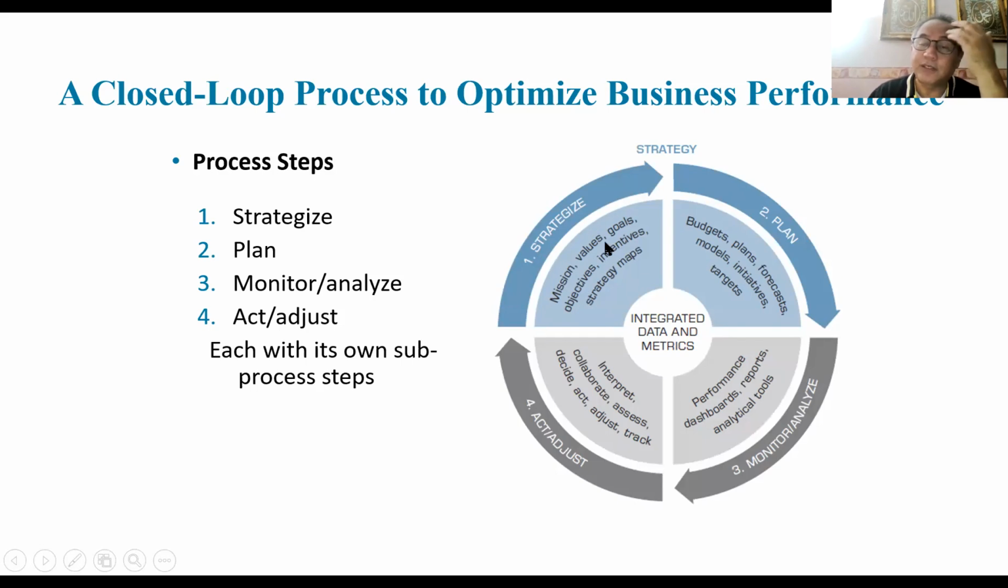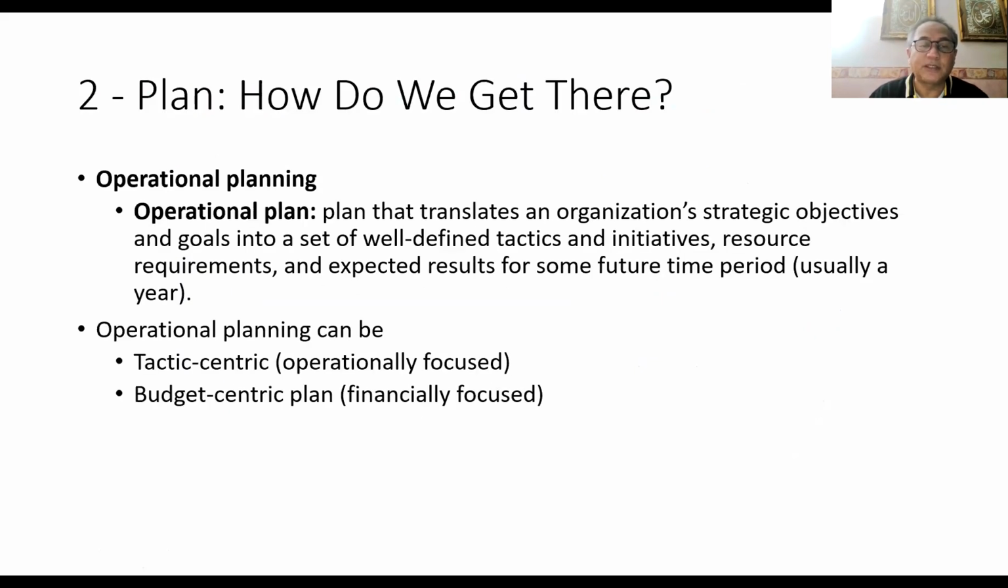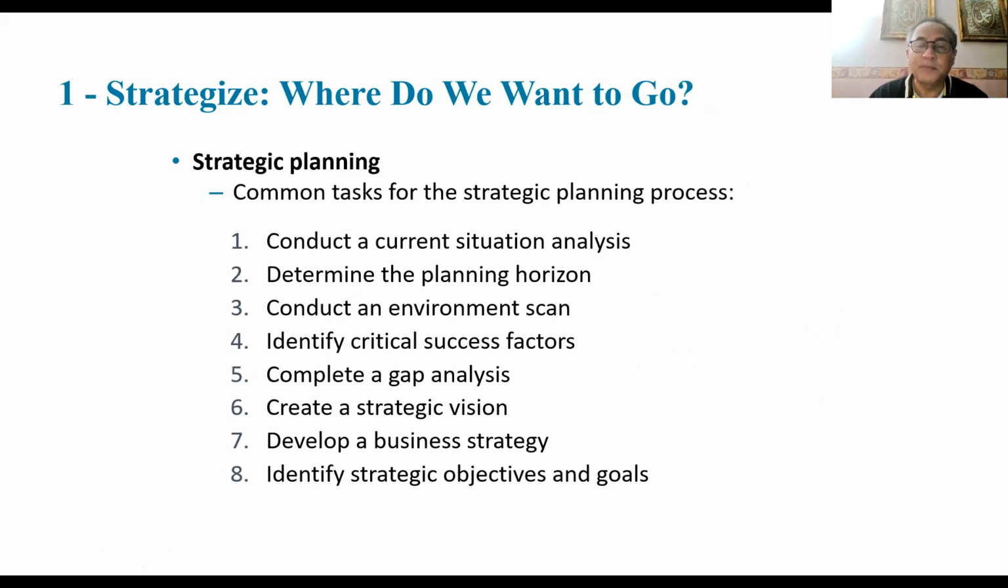First we look at the first one, which is strategize. Strategize comprises the mission, values, goals, objectives, incentives, and strategy maps. Strategize is where do we want to go. It is strategic planning. Common tasks for the strategic planning process are to conduct the current situation analysis, determine where you want to go by looking into the planning horizon, conduct environment scanning, and identify your critical success factors.